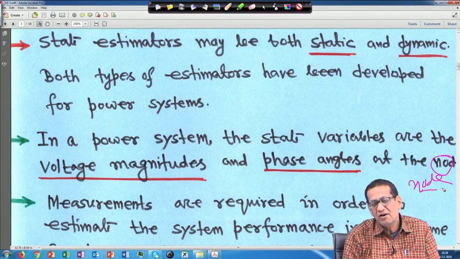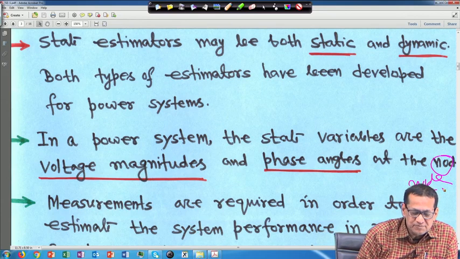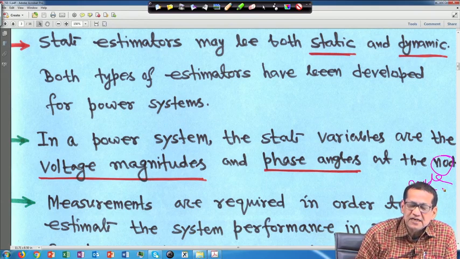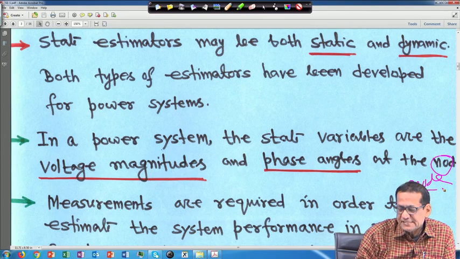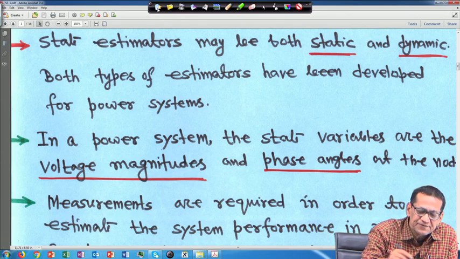So all these things are there. But we will see that when we consider AC state estimation for the AC network, with voltage magnitude or phase angle at the nodes or buses.